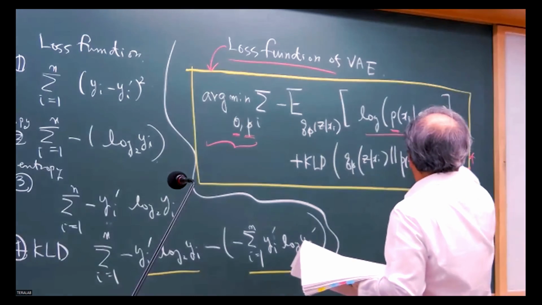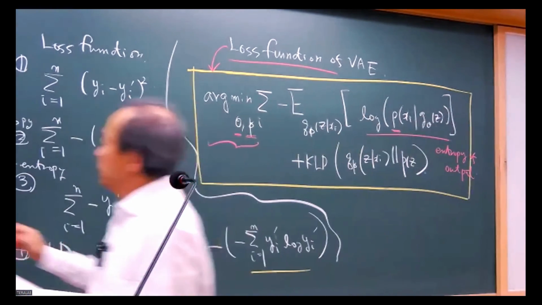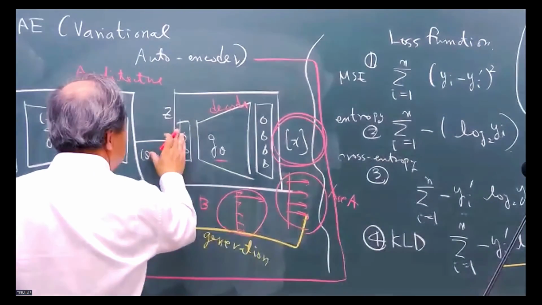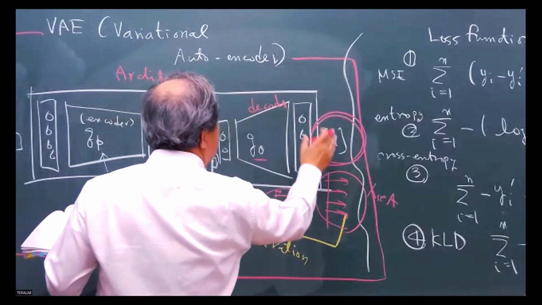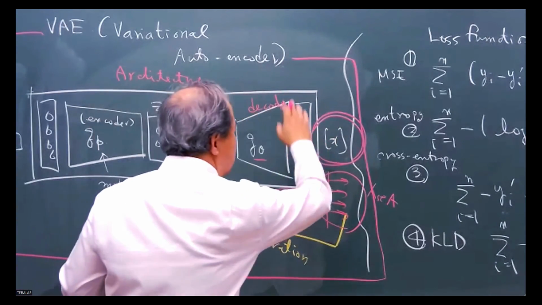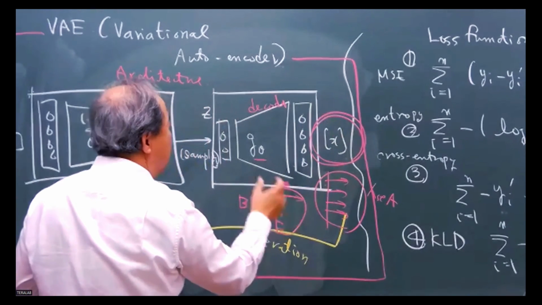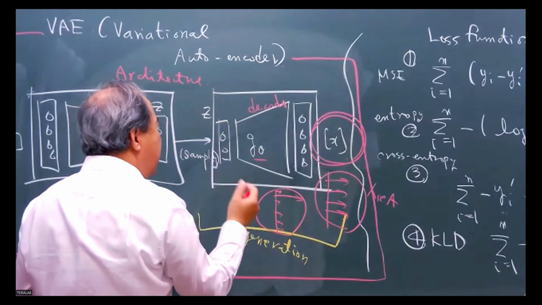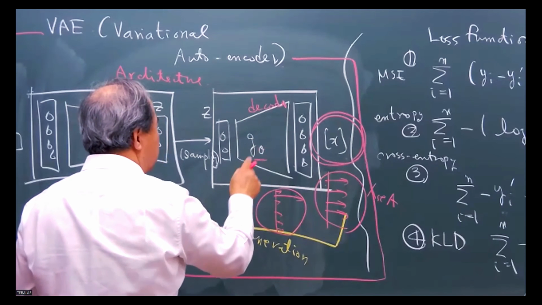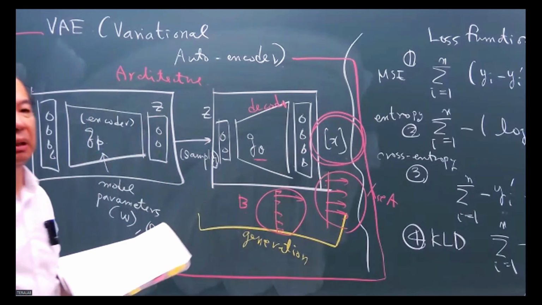Under the condition of z, with a given z, the decoder will generate X. X has certain probability distributions, and we may train theta so that we have minimal entropy.